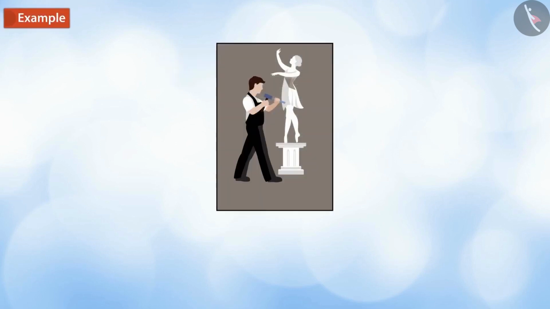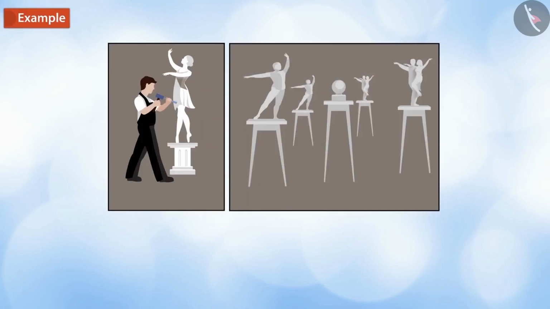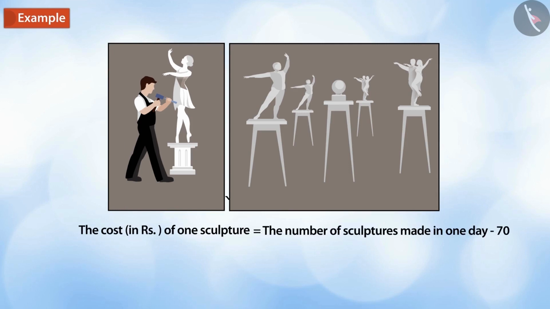A sculptor makes some sculptures in a day. The cost in rupees of one sculpture is equal to the number of sculptures made in one day minus 70. On a particular day, the sculptures cost rupees 1800. Find the number of sculptures made that day.